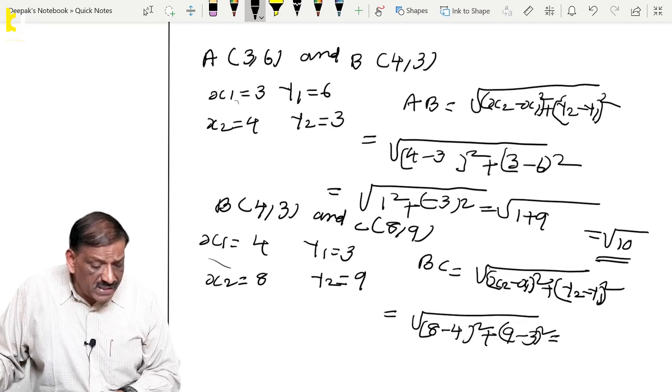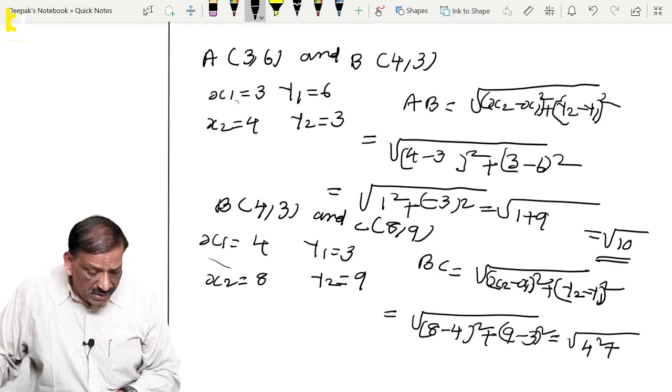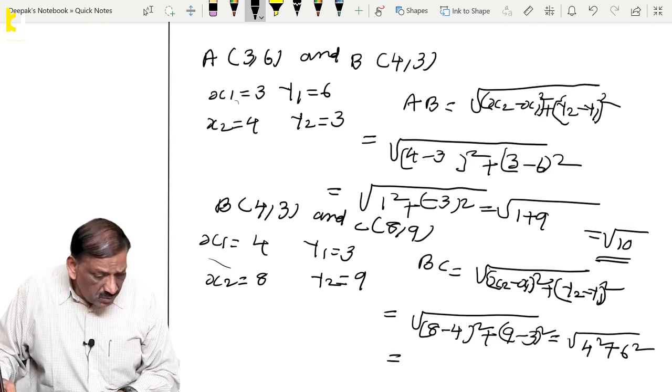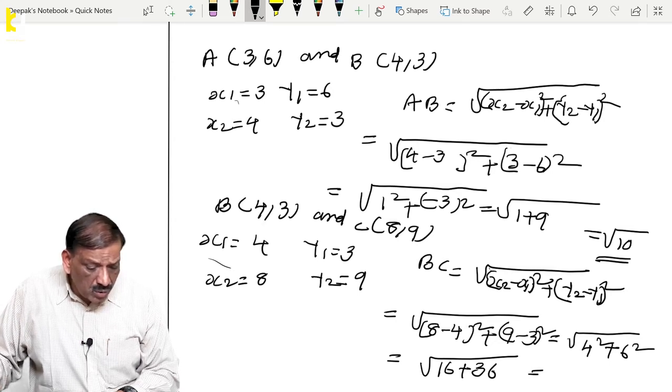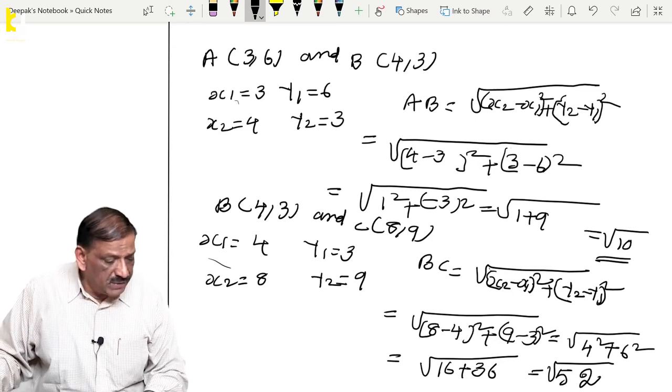That is 4 square plus 6 square. That is equal to root of 16 plus 36, that is equal to root of 52. That is the length of BC.